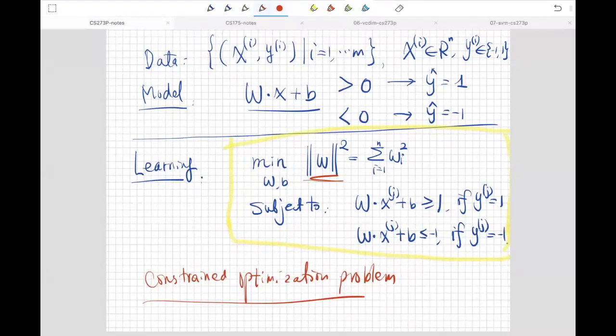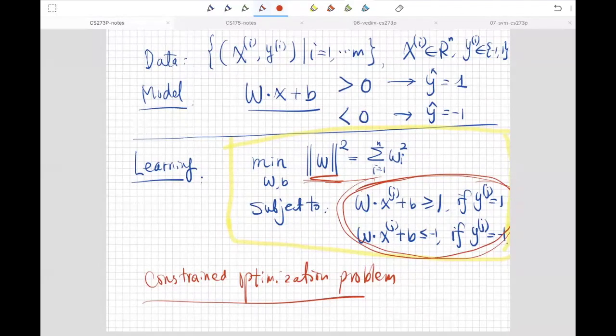Instead, W and b have to satisfy these conditions first. Essentially, within the space satisfying these conditions, we pick the W that has the smaller norm. So that is a constrained optimization problem.